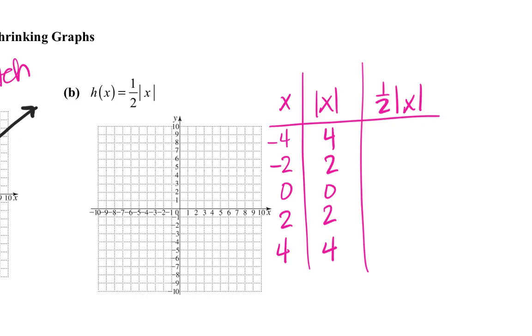Now you're going to take half of that absolute value of x. Half of 4 is 2. Half of 2 is 1. Half of 0 is still 0. Half of 2 is 1, and half of 4 is 2. Now I'm going to plot these points. Starting with my original, we have negative 4, 4, negative 2, 2, 0, 2, 2, and 4, 4.